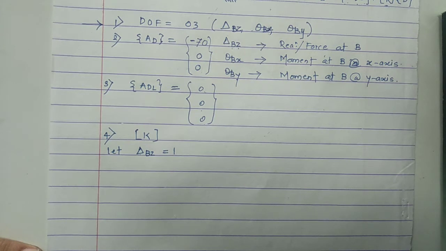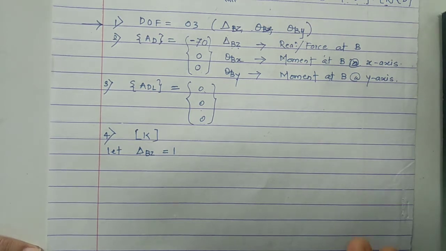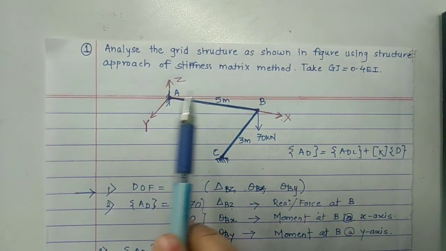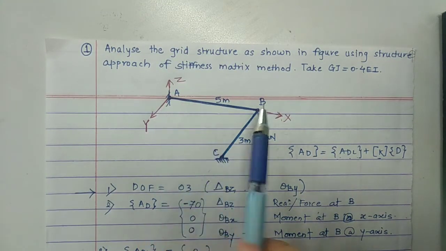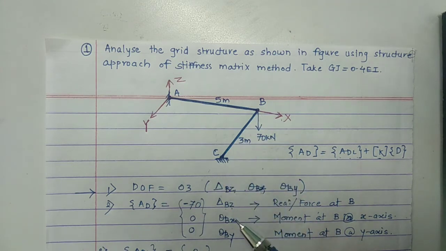Now here in a grid structure, remember one important step, that is drawing the members in their proper direction. Like here we say member AB and member BC, but in a grid structure it is important to observe the member in the proper direction. The direction of observation is very important, and it is fixed based on this: the perpendicular direction should approach the observer.